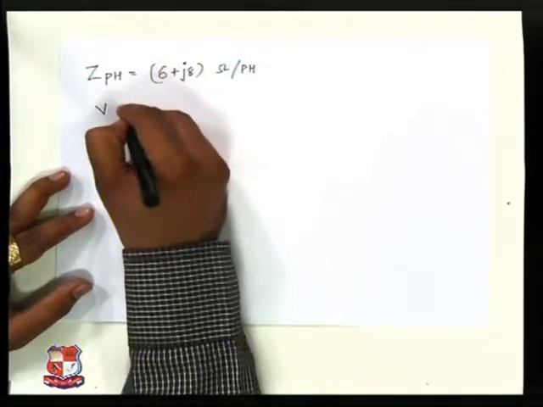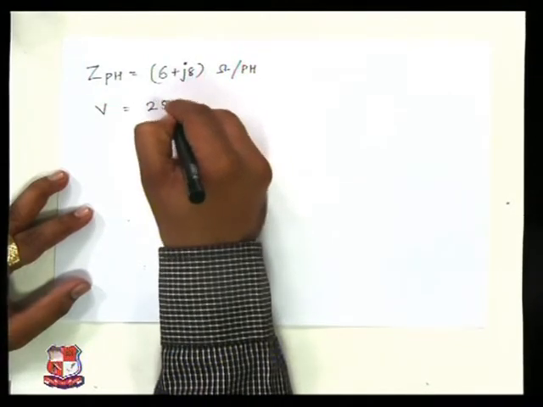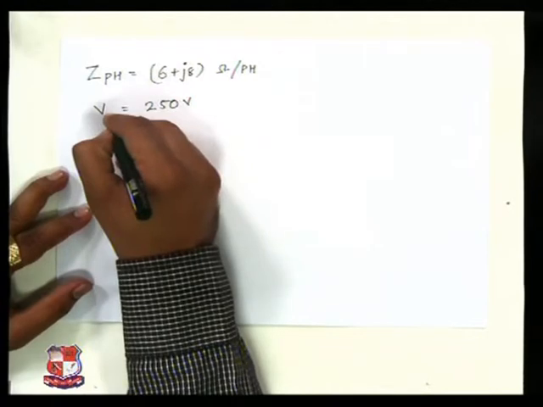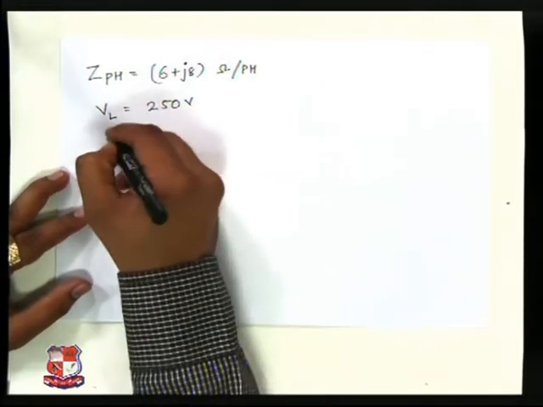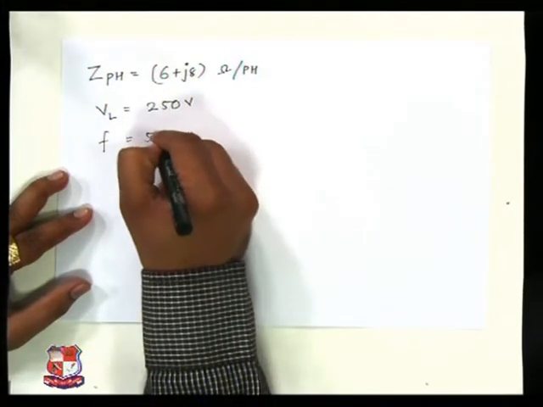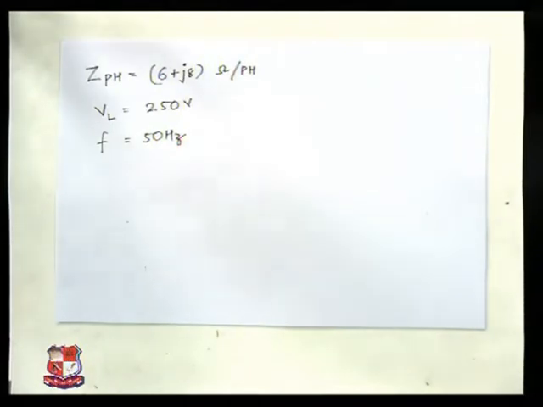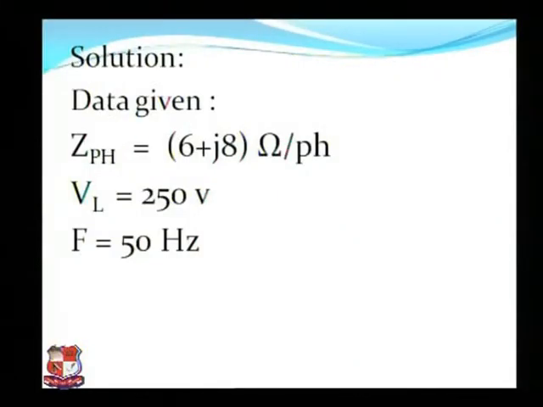Then the voltage given to us is 250 volts, and in our simplification we say that the given supply voltage is taken as the line voltage, and the frequency given is 50 hertz. So first of all, find out whatever data is given to you. After that, you carry on with whichever type of connection it is, whether star connection or delta connection.